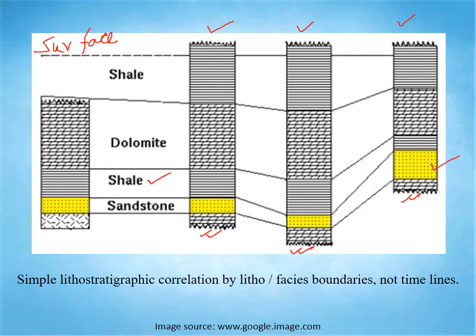But in the fourth column, you can see that the lower lithounit is not a dolomite. It is different. It is either an igneous or a metamorphic body. But the upper lithounit is the same as in the other columns. The upper unit is also shale.